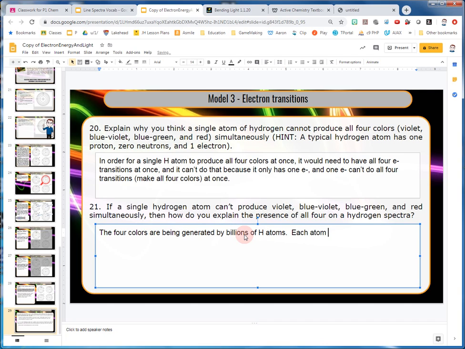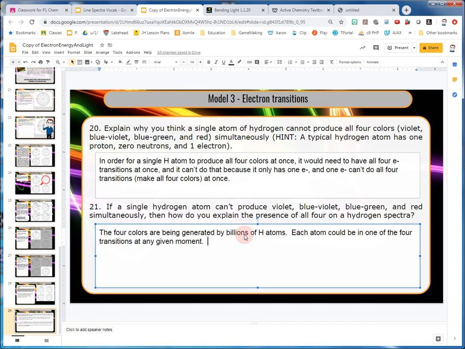Each atom could be in one of the four transitions at any given moment.